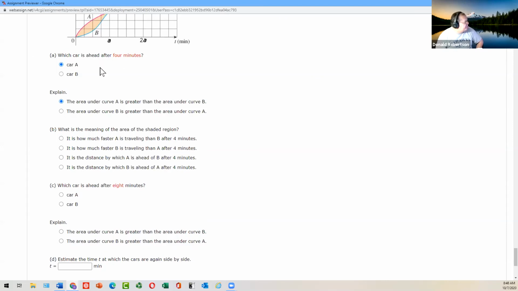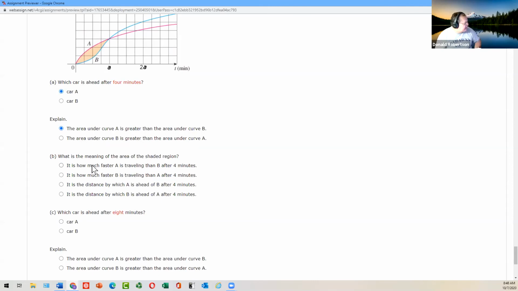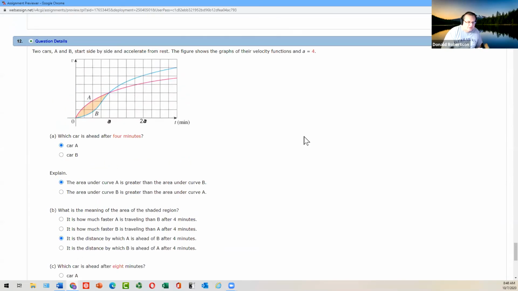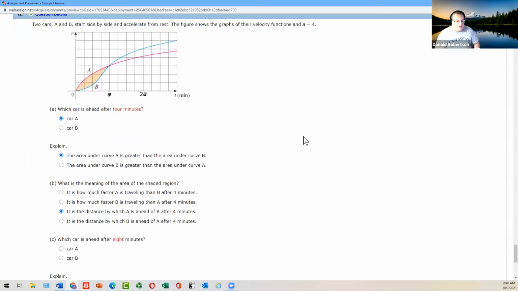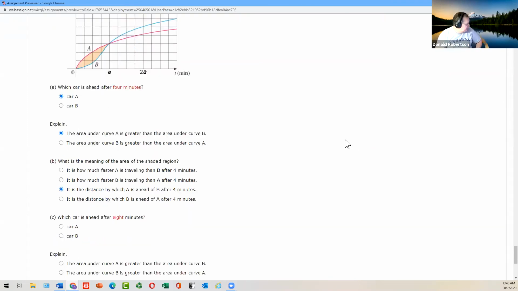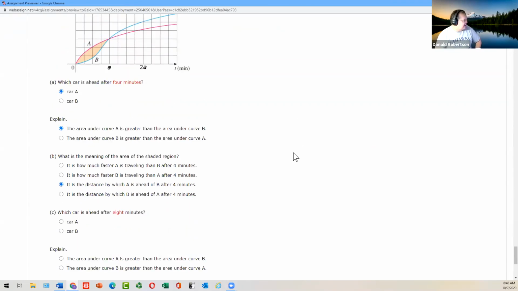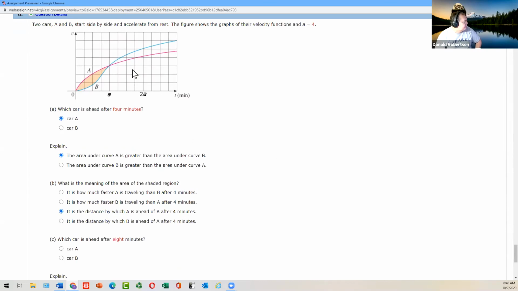And the area of the shaded region is the distance by which A is ahead of B. So if you're thinking, what's the area of that little shaded bit? That's how far ahead of B A is. And which car is ahead after 8 minutes, which is here.